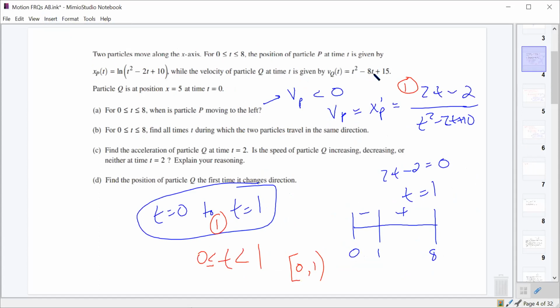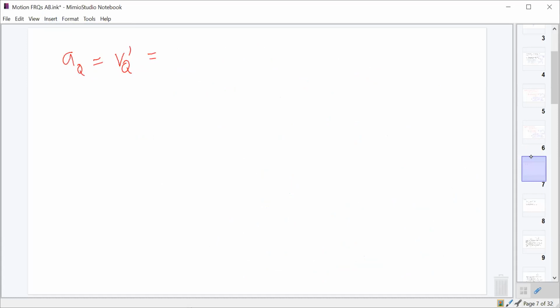Looks like it was t squared minus 8t plus 15. So that'll be 2t minus 8. And we wanted a sub q of 2. So we'll evaluate this at t equals 2, which gives us negative 4. So we got an acceleration of negative 4.